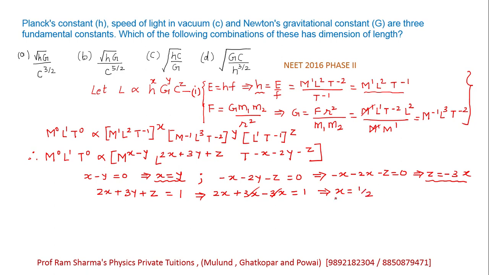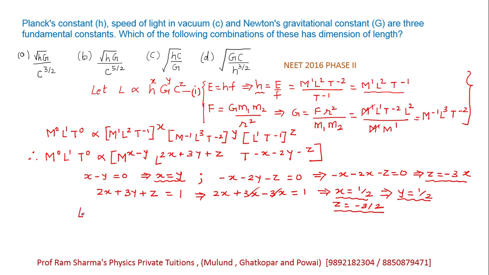So if x is equal to half, then that implies y is also equal to half because x is equal to y. And z will be minus 3x, so z will be equal to minus 3 by 2. Now substitute the values in equation 1.